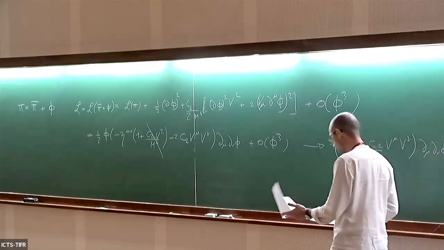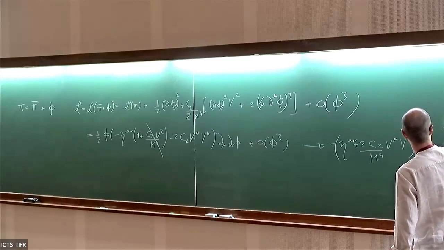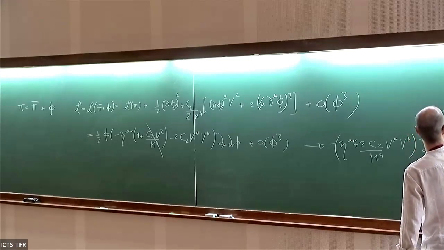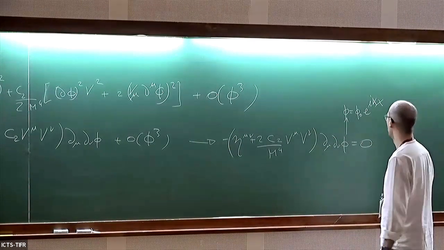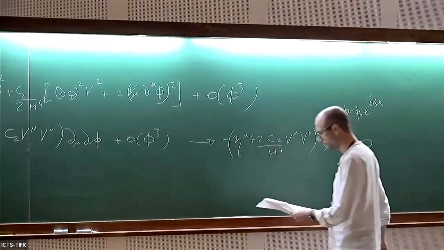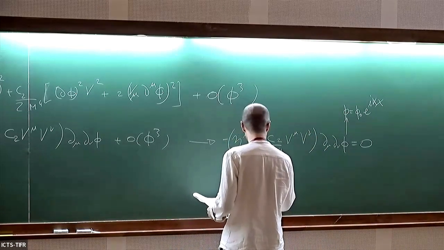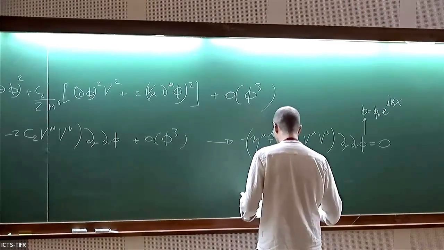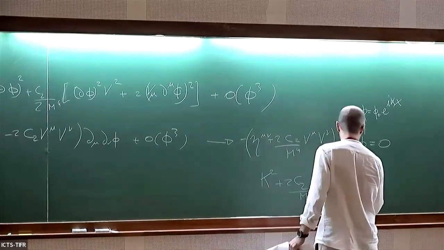So if you plug in plane waves, these are linear equations, so you can expand in plane waves. The dispersion relation now looks like this: k squared plus 2 C2 over m to the fourth (v dot k) squared equals 0.